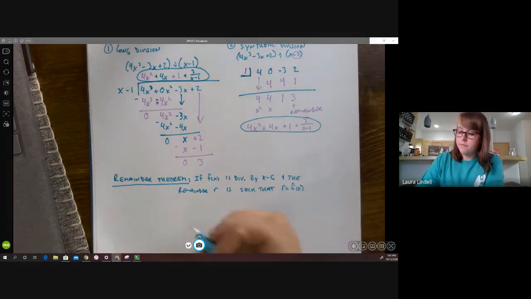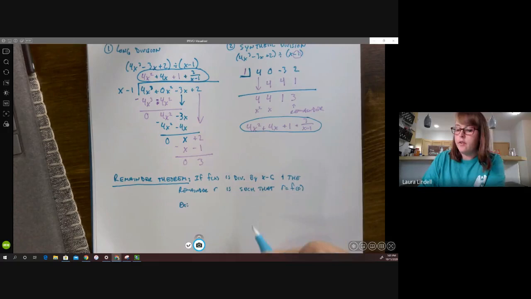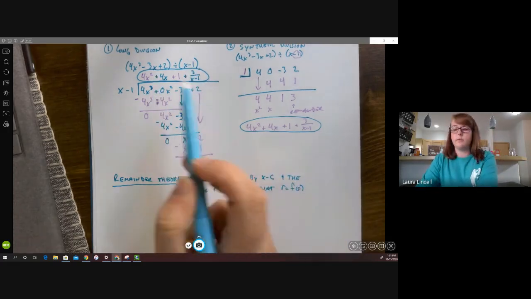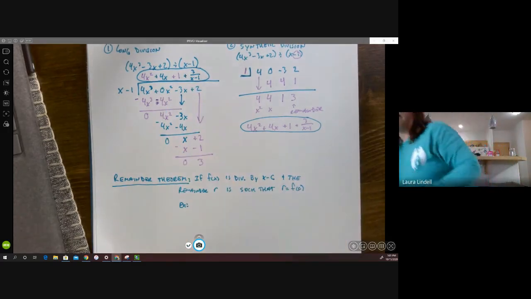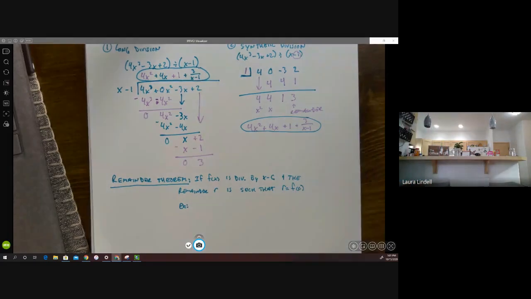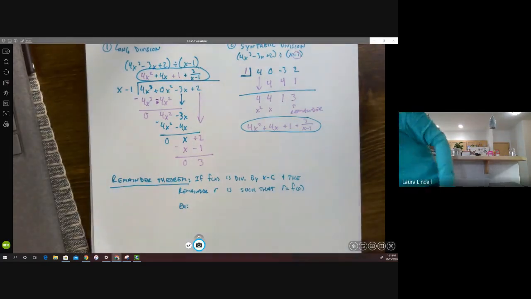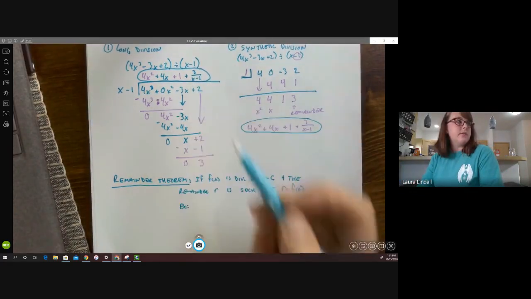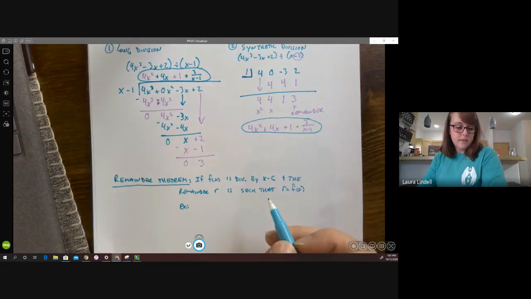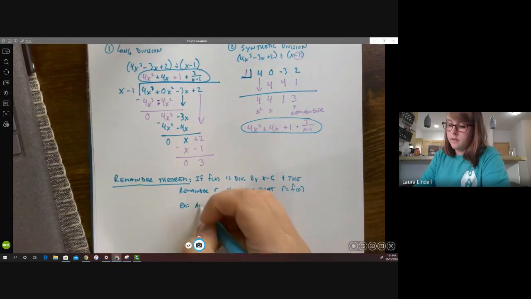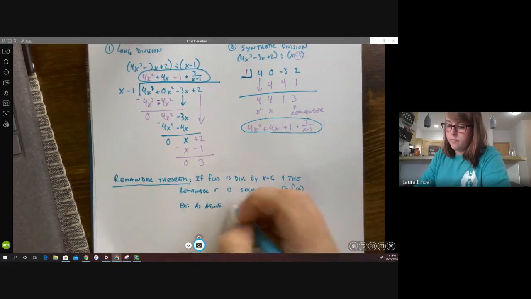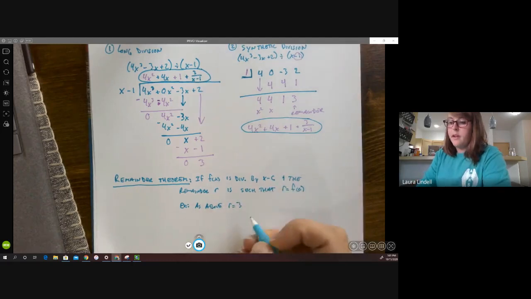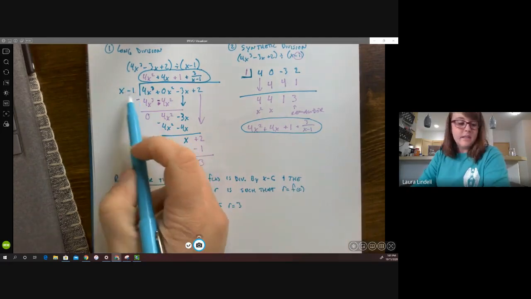So for example, if we were using this in the above division that we did, sorry, one moment. So if we were doing this as in the above equation, the remainder here was 3, right? And we were dividing by x minus 1, right?